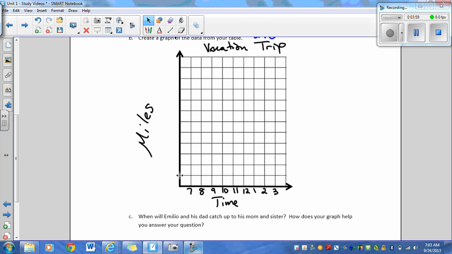So this would be 0, 20, 40, 60, 80, 100, 120, 140, 160, 180, 200, 220, 240. Okay, perfect. But you just want to test it out just to make sure that it all fits. This is a consistent scale because I'm always going up by 20s.